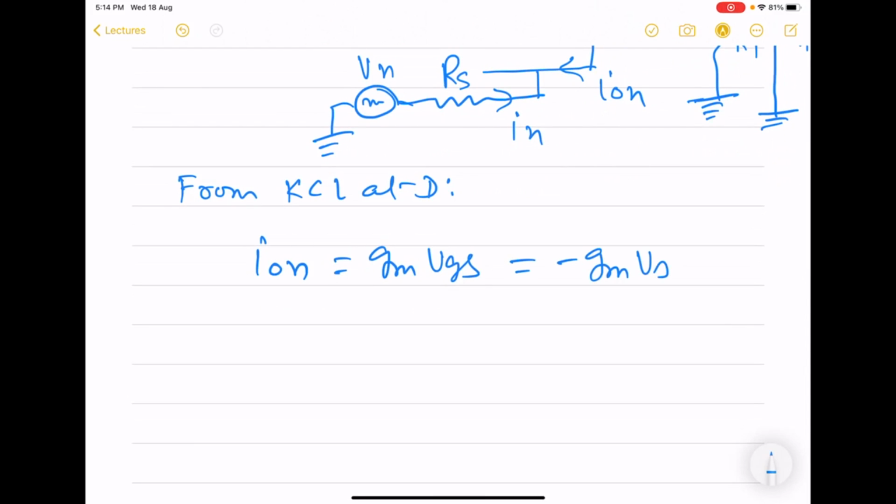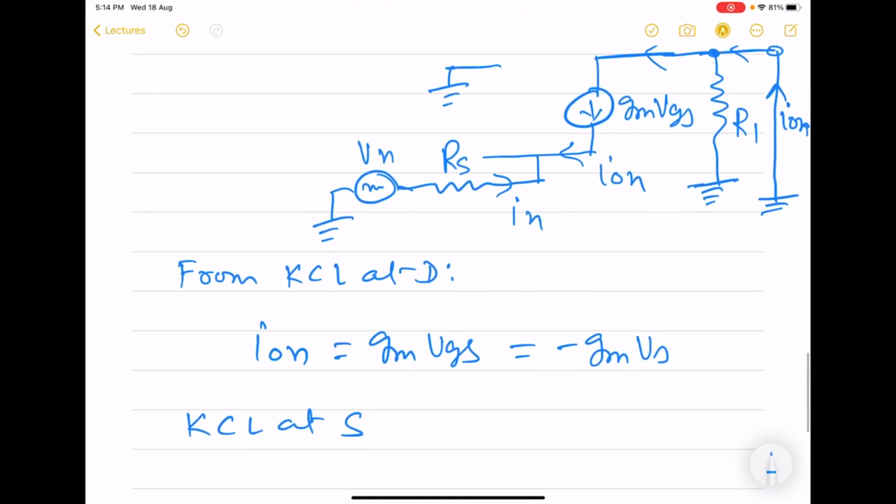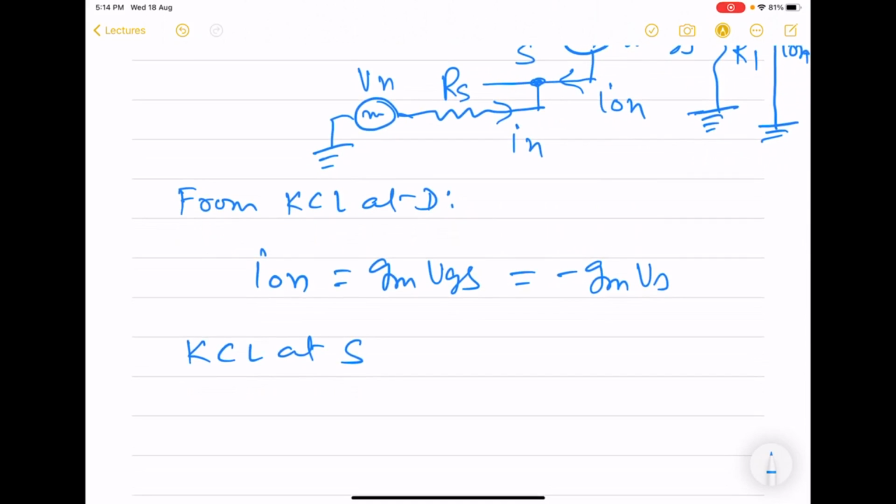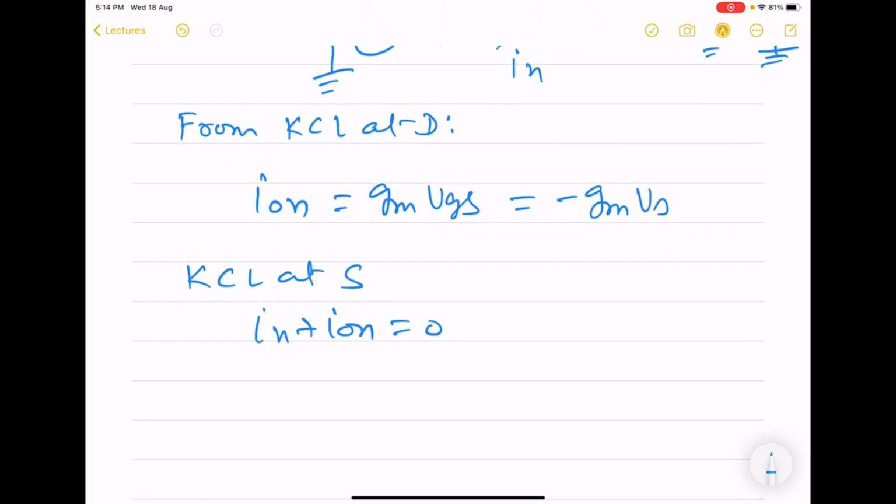For that, we apply KCL at source node. So here we get In plus IoN is equal to 0, and In plus gm, this is minus Vs is equal to 0. We have already found out IoN.